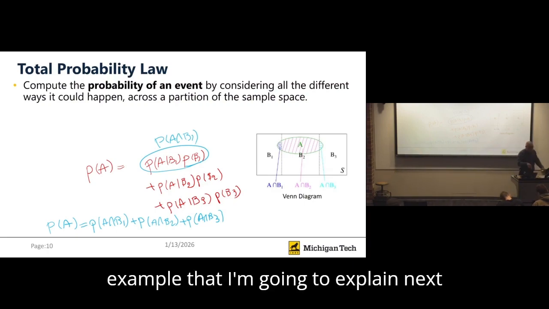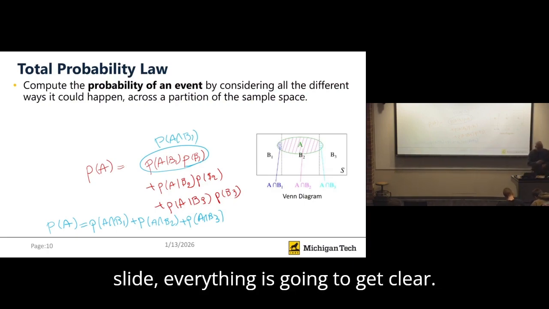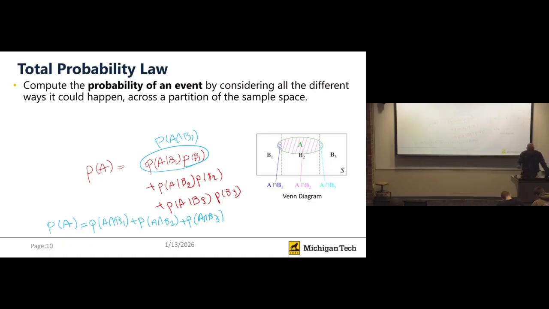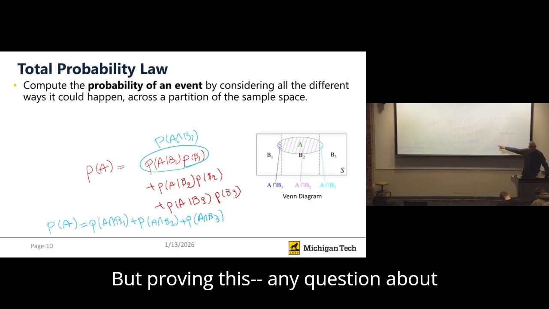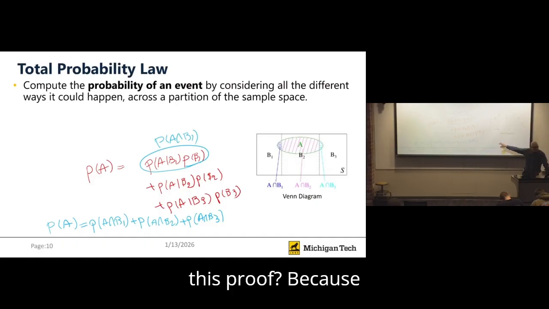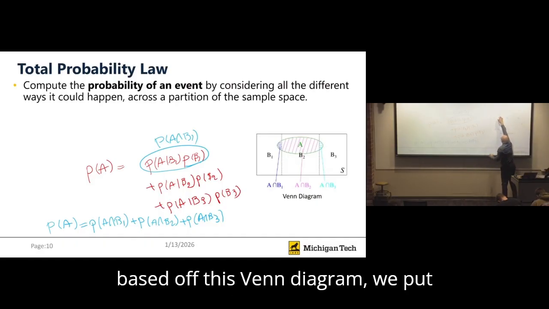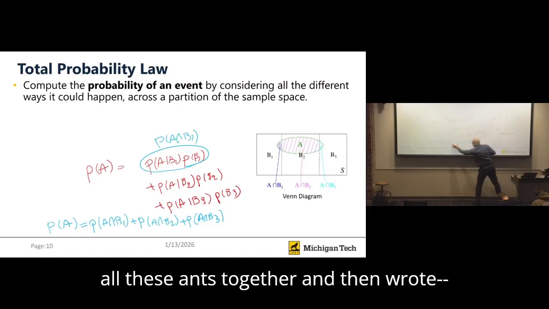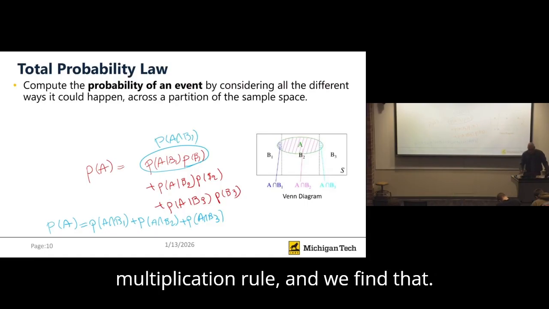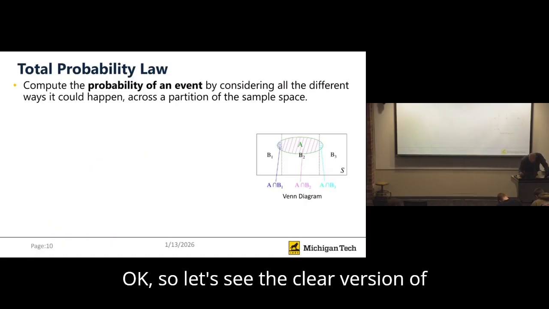But in the example that I'm going to explain next slide, everything is going to get clear. But any question about this proof? Based off this Venn diagram, we put all these pieces together and then wrote a multiplication rule, and we found that. OK, so let's see the clear version of that.